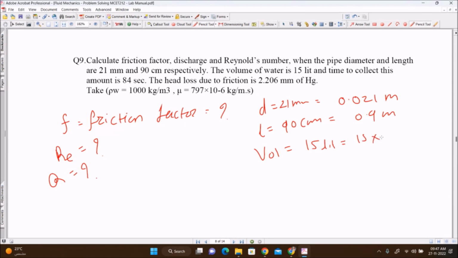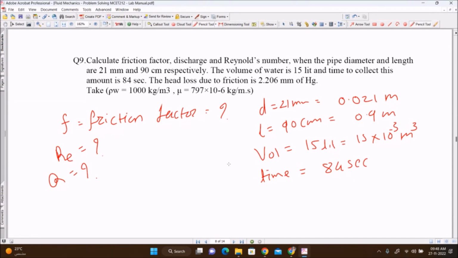I told you liter is not an SI unit, so 10 to the power minus 3 meter cube. The time required to collect is 84 seconds. So this 15 liter of water, we need 84 seconds.